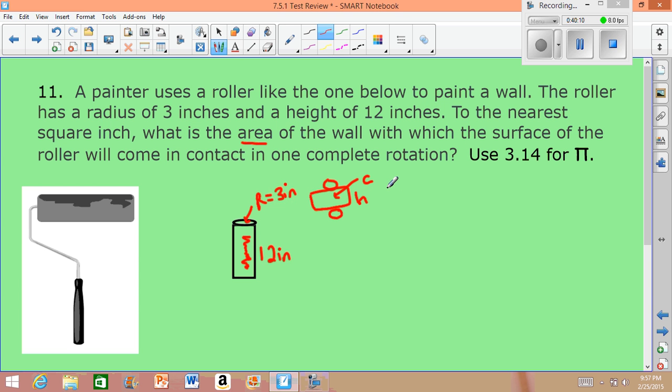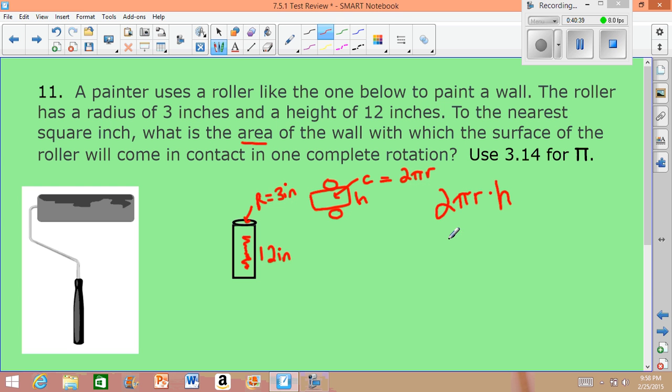So on your 8th grade formula chart, it will give you that information. That circumference is 2 times pi times the radius. And then we'll have our height. So to find our surface area, which is just the roller part, not the circle part, we just need the lateral surface. So that is going to use the formula 2 times pi times the radius times the height.